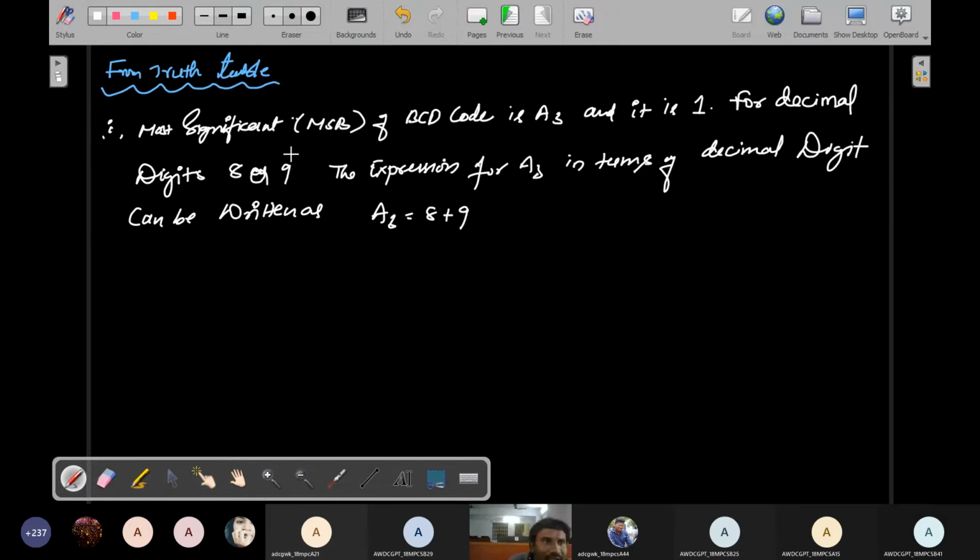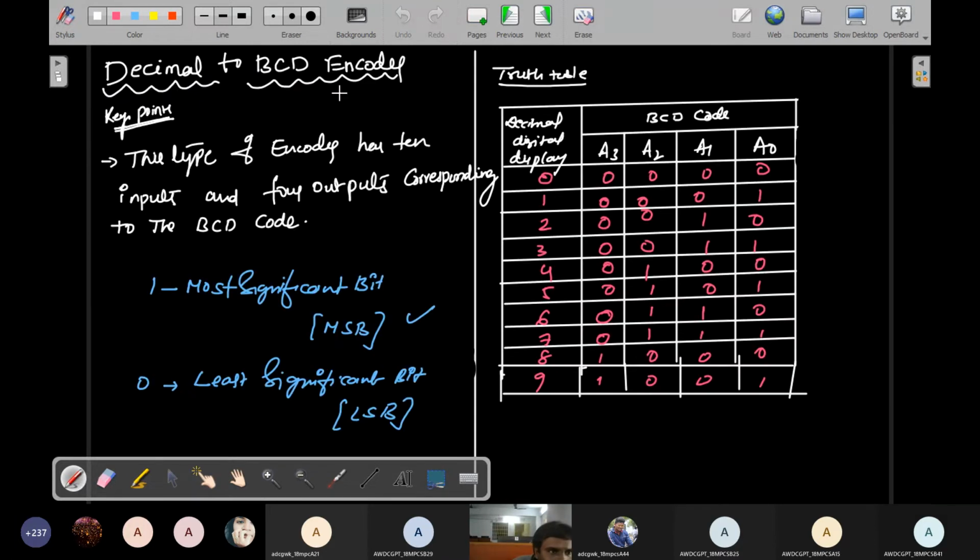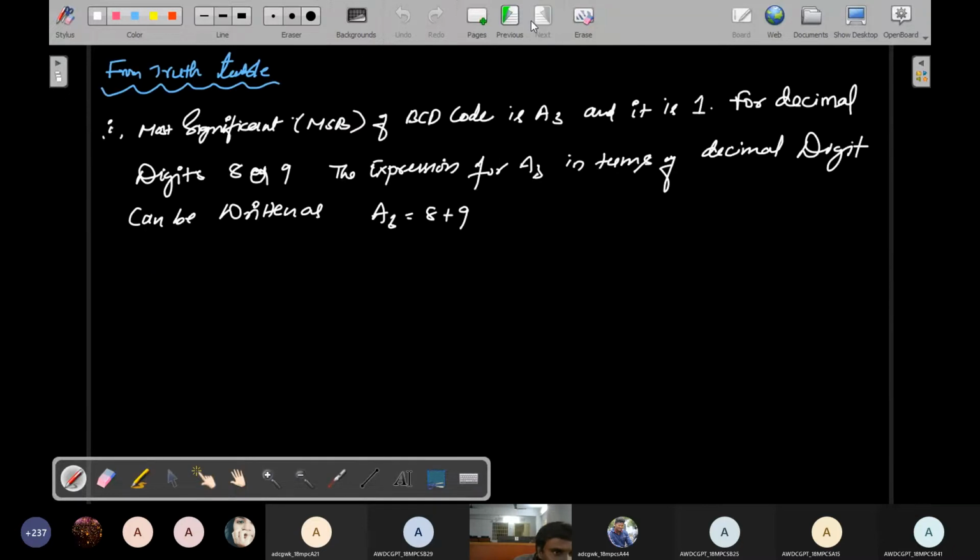Generally, in this decimal to BCD encoder, I consider only the most significant bit. In this chart, where the most significant bit is present, that is decimal 8 and decimal 9. So that's why your output A3 represents the addition of 8 plus 9. That is always the state represented by the most significant bit. In each case I'll write the same points I expressed here.